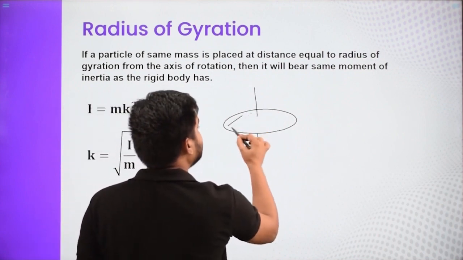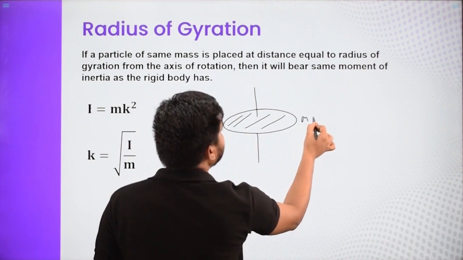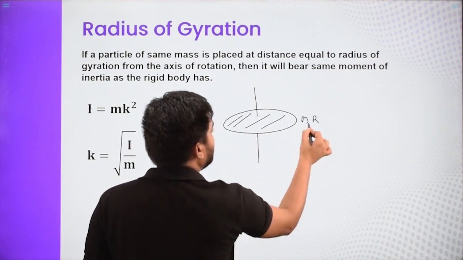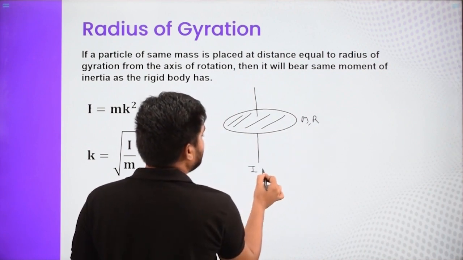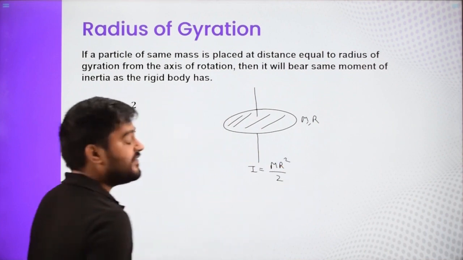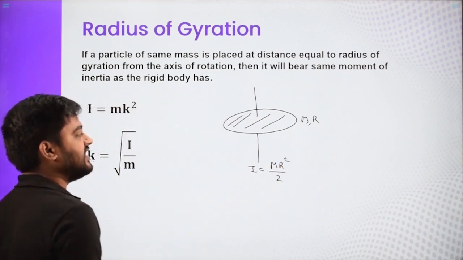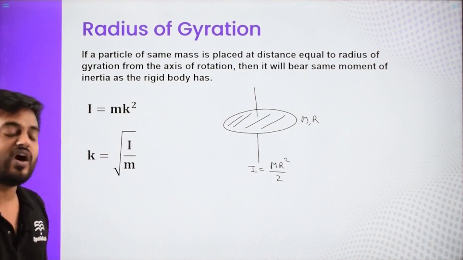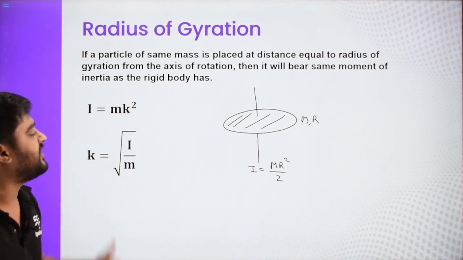So this is a disc having mass m and radius r. The moment of inertia about this axis is going to be mr square by 2. Now, what will be the radius of gyration? To get it, you always have to use I equals mk square.